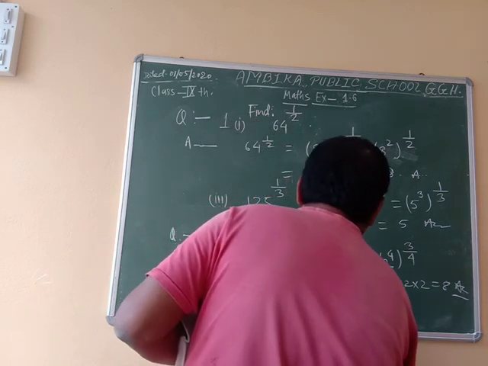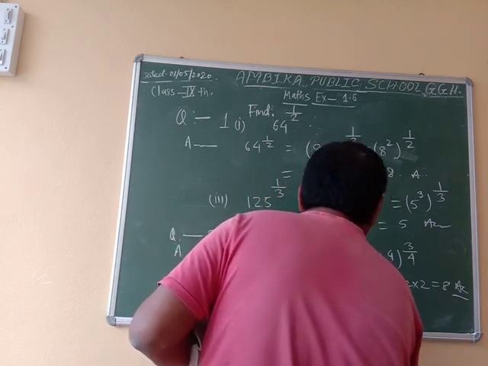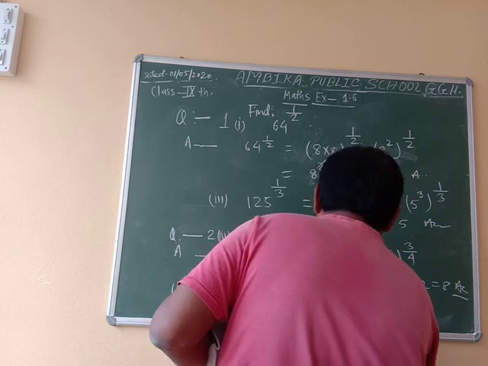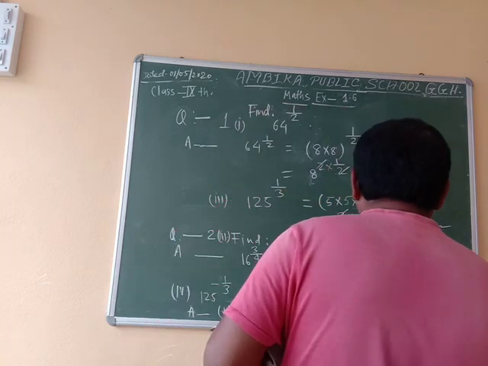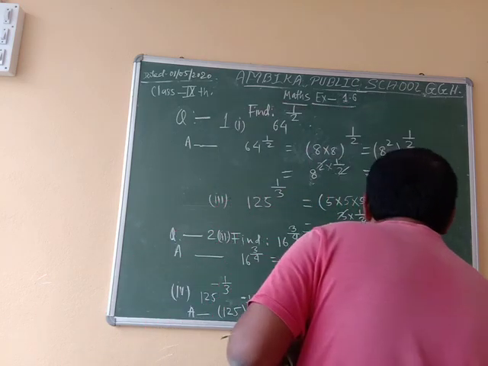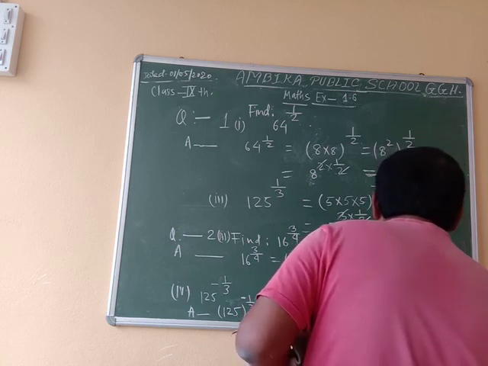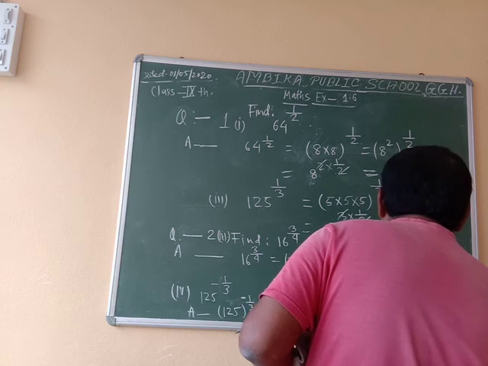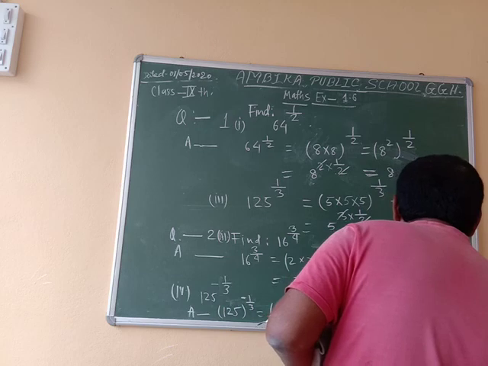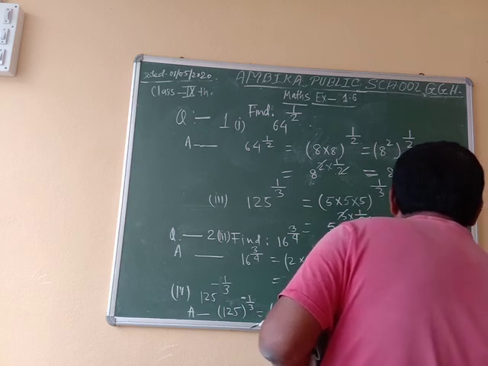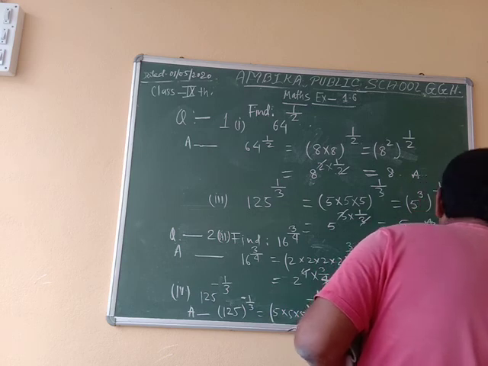Here the exponent is a negative number. So 5 to the power 3 into minus 1 by 3, the 3 cancels, is equal to 5 to the power minus 1.